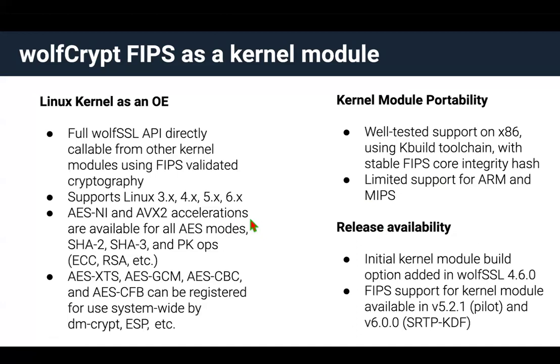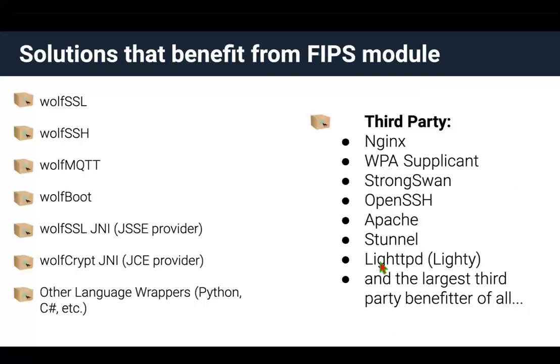So far, nobody has actually taken the bait on that. There's a lot of interest around it, so we have this slide in here. If a Linux FIPS certified kernel module is something that you'd need, it's fully tested with both our version 5.2.1, 5.2.0, and our version 6.0.0 submissions, and it's ready to go.